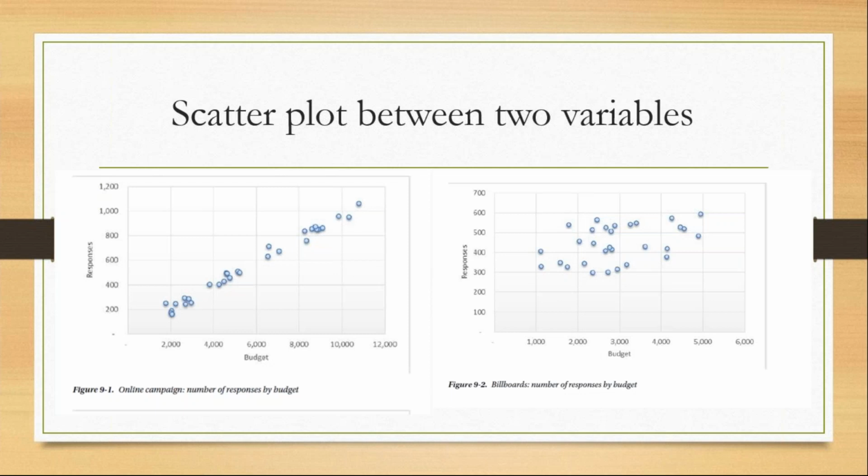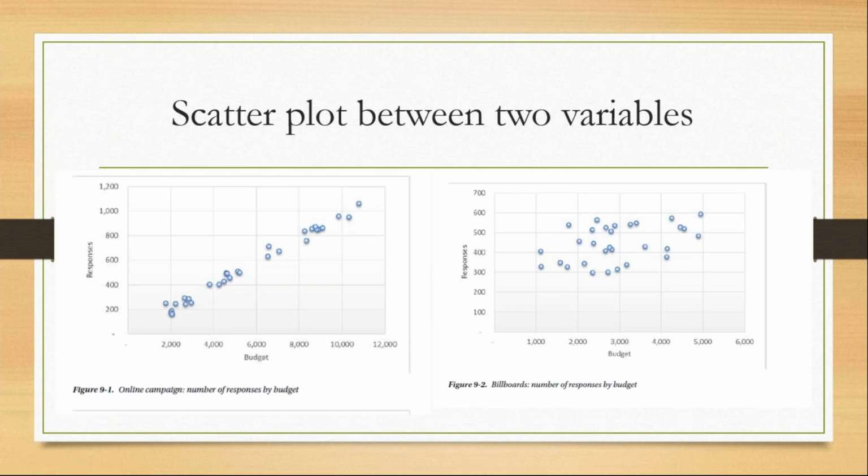So here you can see there is a scatter plot, which shows how the scatter plot should look if I have a certain amount of correlation between two variables, and how it should look if I don't have any association between the two variables. If you see the number of responses by budget of an online campaign, as my budget goes up, the number of responses goes up. Suppose I were to collect a survey and I have a budget constraint and cannot accommodate all the responses.